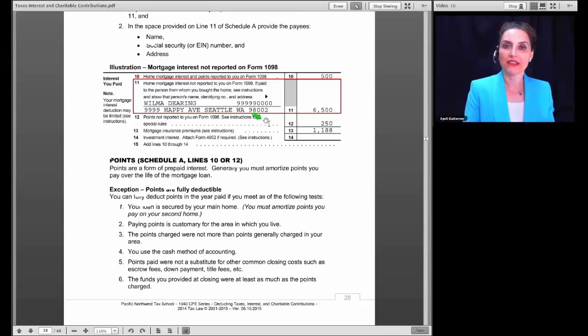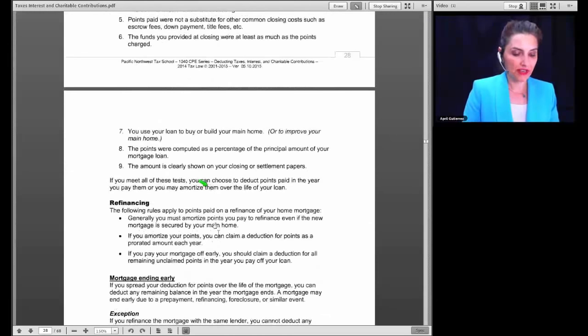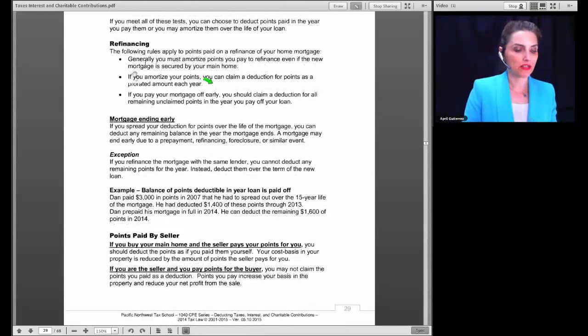So you're going to be deducting those points as you go each year, typically at a rate of $100 a year. I've seen some tax practitioners actually create an amortization schedule in the software to record those points and carry them forward each year. That's not how I do it. I simply use expanded detail screens for the line that I'm entering on.